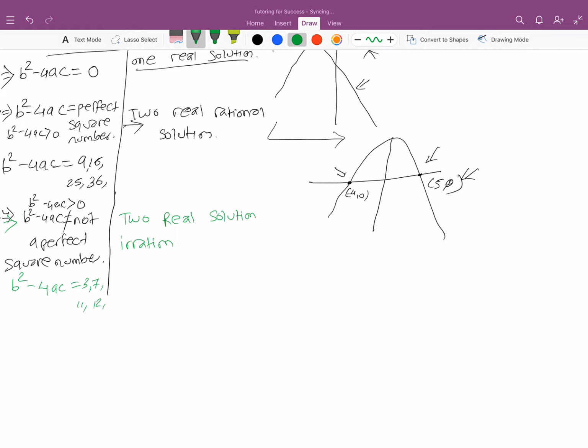Irrational solution means something like radicals, like radical 5 coordinates. I'm just going to draw the coordinates for you. You will end up having this. This is an example, not exactly the same numbers you're going to get, but something like this.